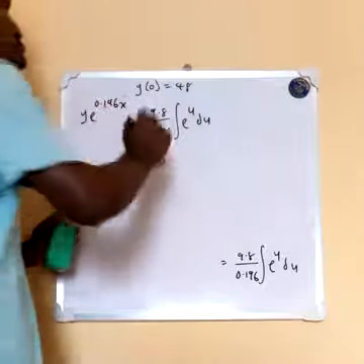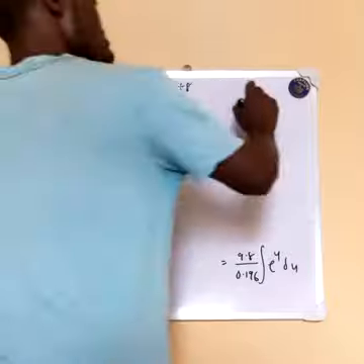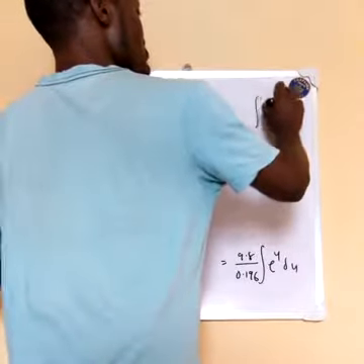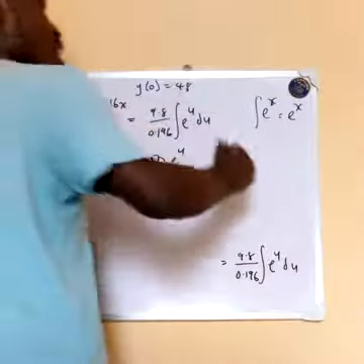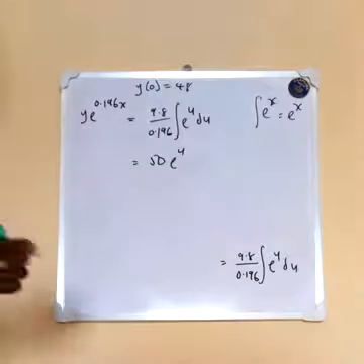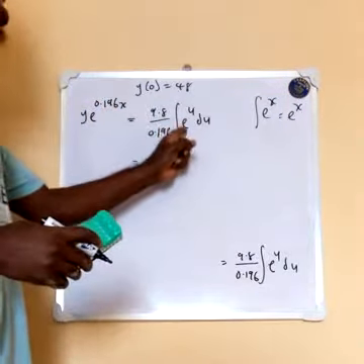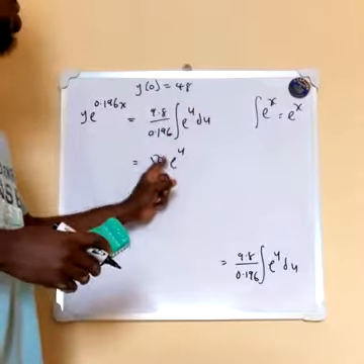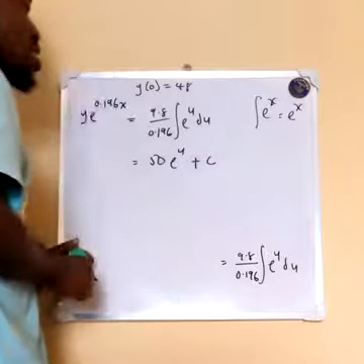exponential raised to power u, you also have e raised to power u. Take note, if you integrate e raised to power s, the answer is also e raised to power s. The integral of e raised to power s is also e raised to power s. And your s now is u. So the integral of e raised to power u is also e raised to power u. So the u is gone, plus c, which is the constant.